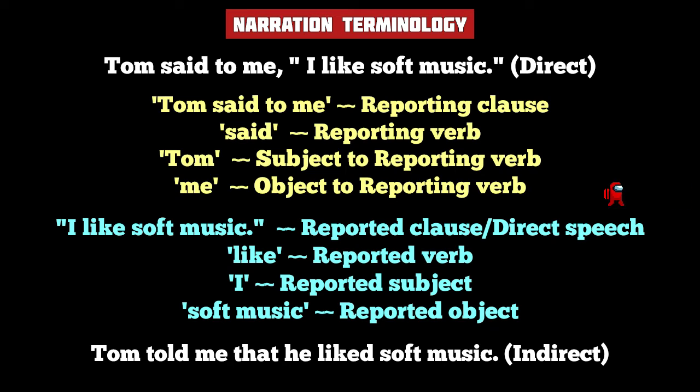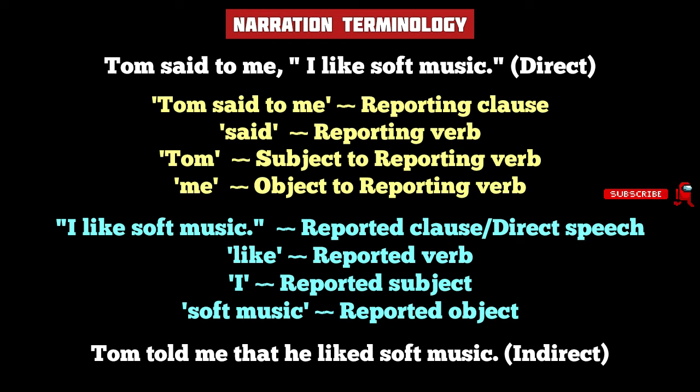Now before I change it into the indirect narration, I must learn certain grammatical terms or names used in the change of narration. For example, in the given sentence of the direct narration, the principal clause, Tom said to me, is called the reporting clause, while the subordinate clause, I like soft music, is known as the reported clause or the direct speech.